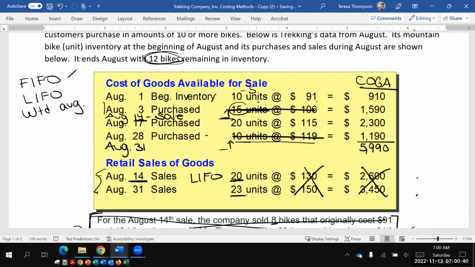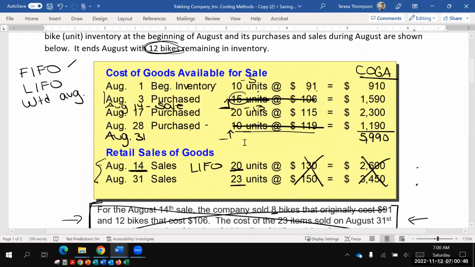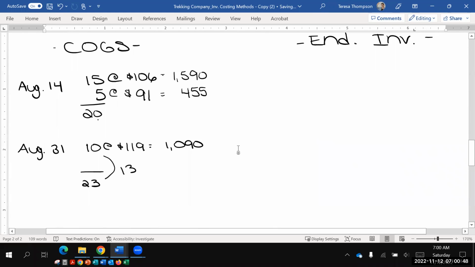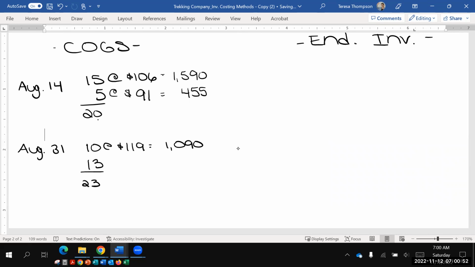That's where they're going to come from. The August 17th purchase. Okay, so 13 units at 115. And again, the ordering doesn't matter here. This is your space to solve the figures.